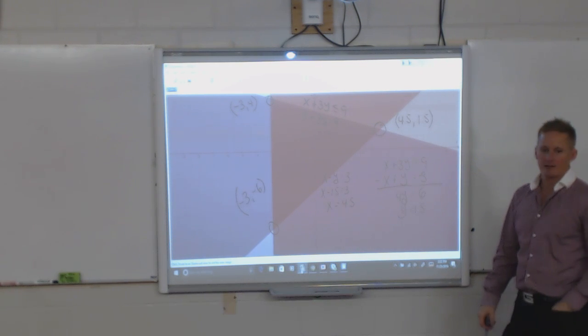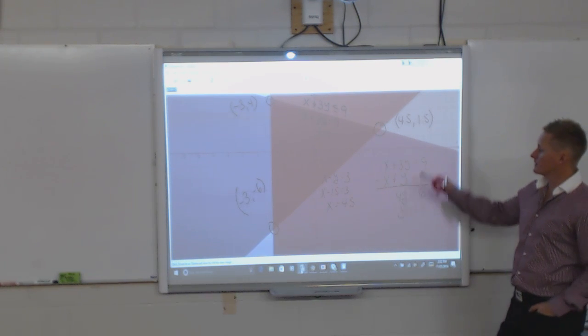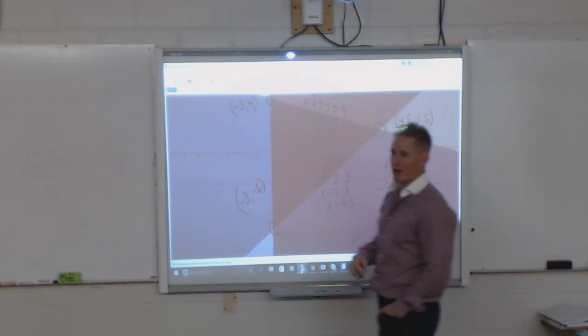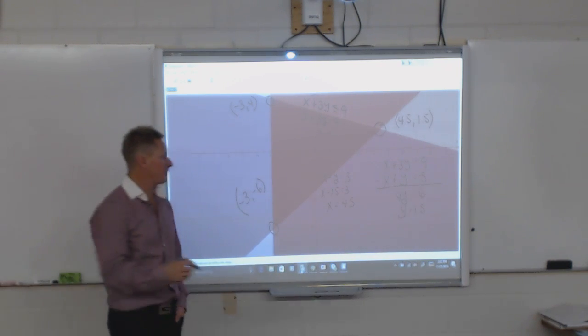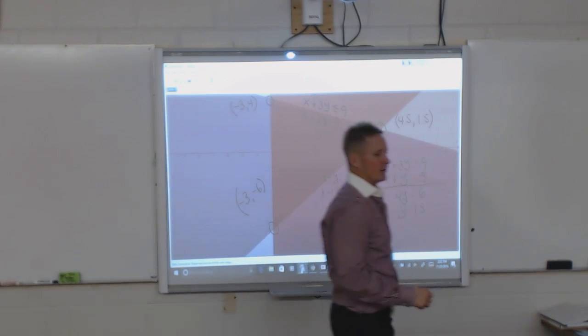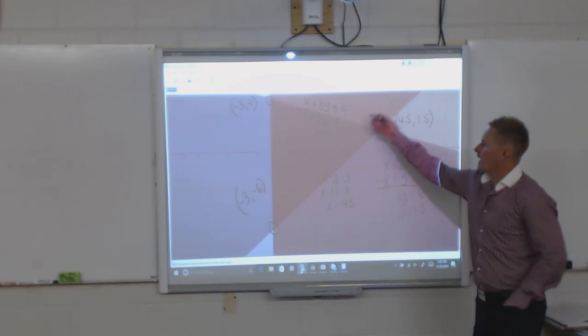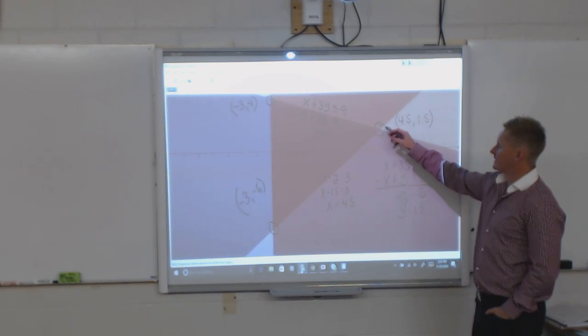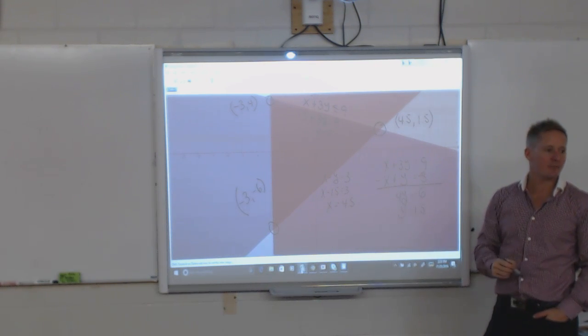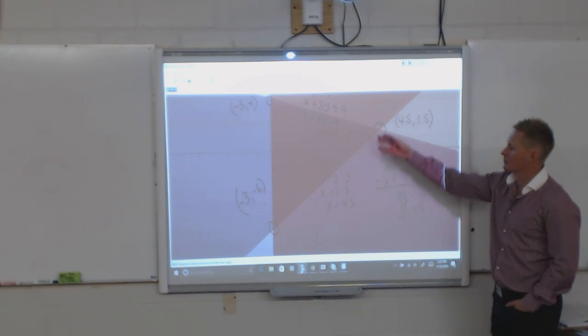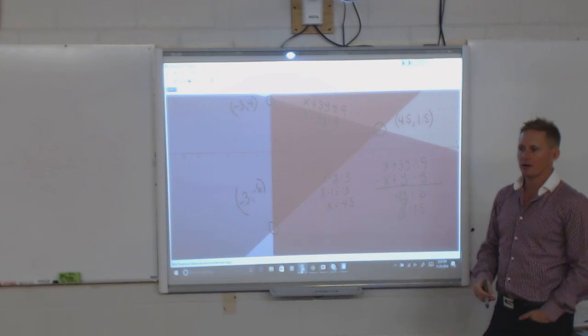This is a review of grade 10. You may or may not remember this, but you're going to have to use it, so find out if you're struggling with it. When I graph it, I can clearly see it, but if I don't graph it properly on actual graph paper, I may not get the actual coordinates.